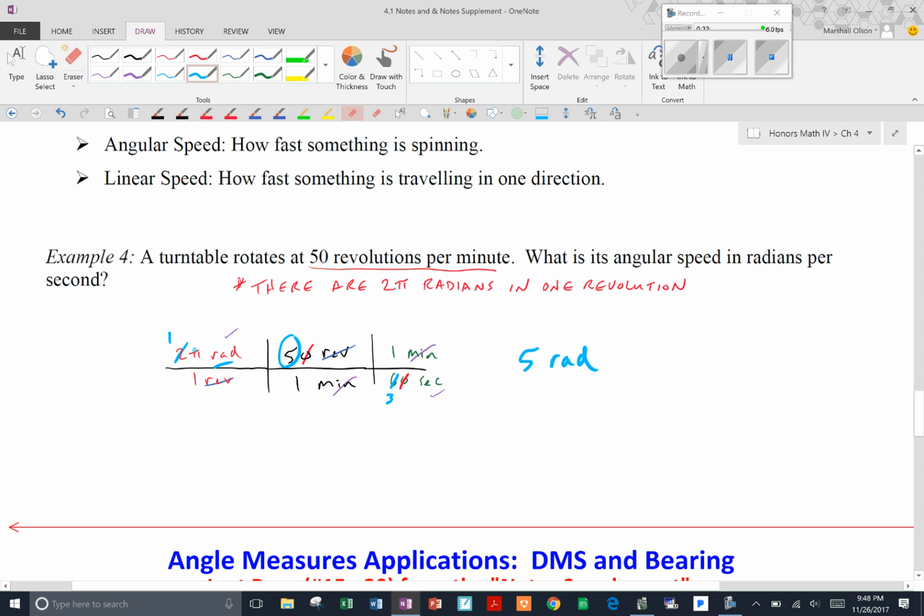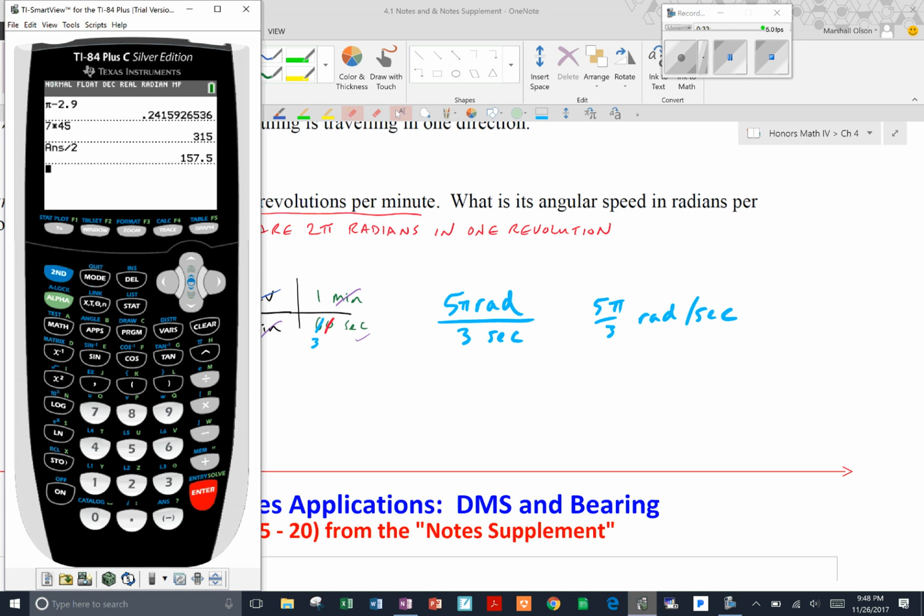Oops, sorry. I missed a pretty crucial thing here. 5 pi radians per 1 times 3 seconds. Okay, but they want radians per second. So we know that this would be 5 pi over 3 radians per second.